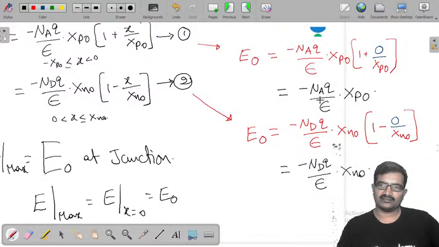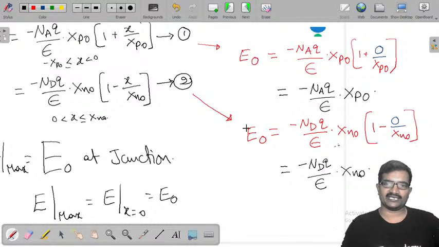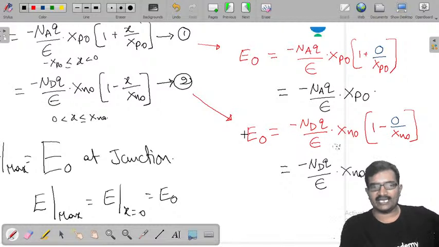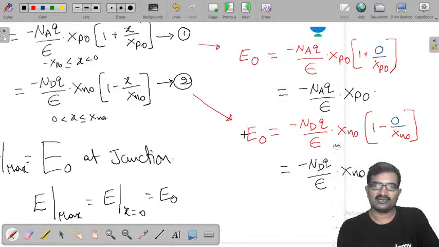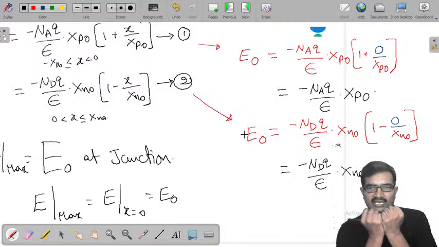See one thing, both are different. Here Na x p naught, here Nd x n naught, but both are representing the maximum value of the same function. Practically it is not possible for a single function to have two maximum values. If it exists, those two values should be equal.